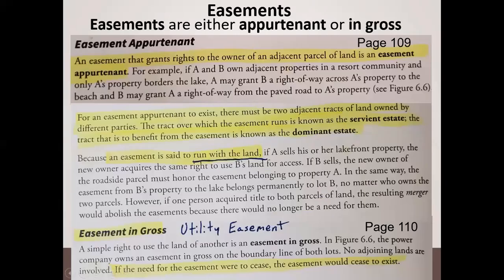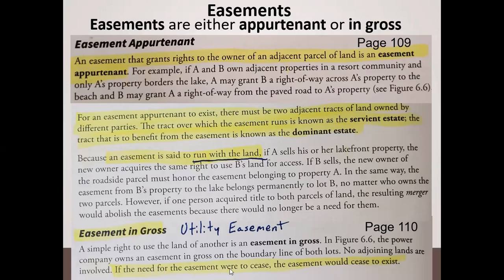So we have two classifications of easements. They could be appurtenant or in gross. So what does that mean? Well, let's go over this one first. It's a little bit easier. An easement in gross, on page 110. Highlight an easement in gross and then right next to it, utility easement. You know, like public utilities for water, sewer, gas lines, electric, cable, whatever.